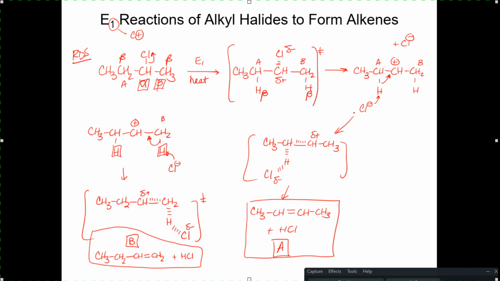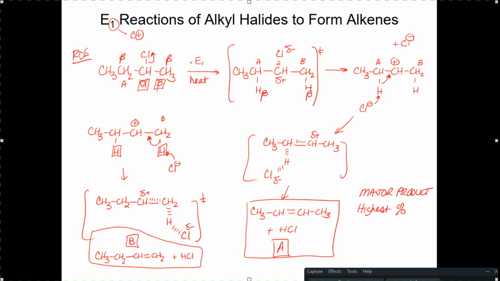Okay? So then the question is, I now have two products. This is the first time I've had two products, and now I have to talk about what is the major product of this reaction. And the major product is the product in general that has the highest percentage. So if there's just two products, whichever one has the highest percentage is the major product. In predicting the major product, there are always rules.